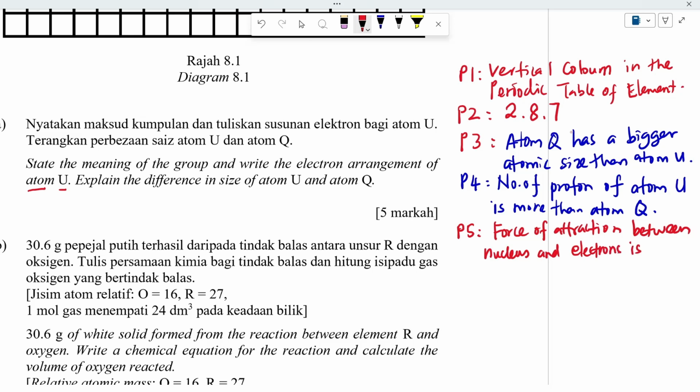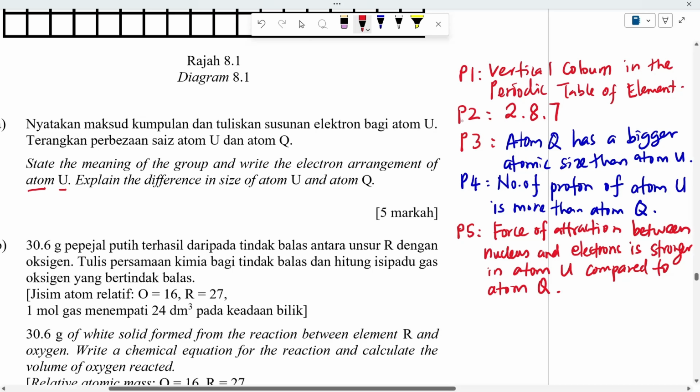Now we are talking about U. If more protons, stronger attraction in atom U compared to atom Q. So it will pull the electrons closer to the nucleus.